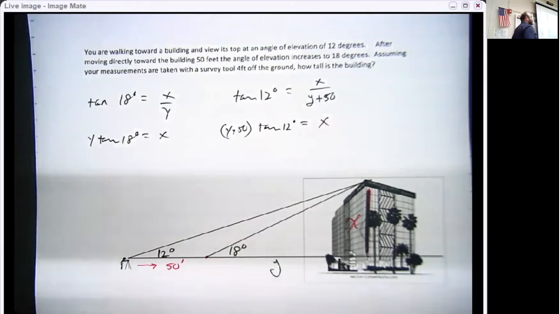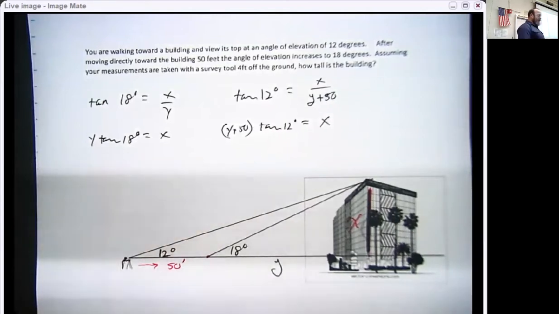But I've got two equations. What do you notice? What is something that naturally happened here, which is kind of cool? This one is equal to x. What's that one equal to? What can I do then if they're both simultaneously equal to x?